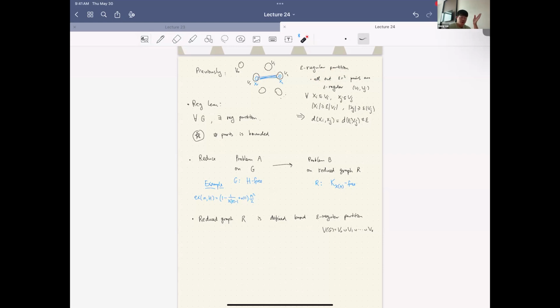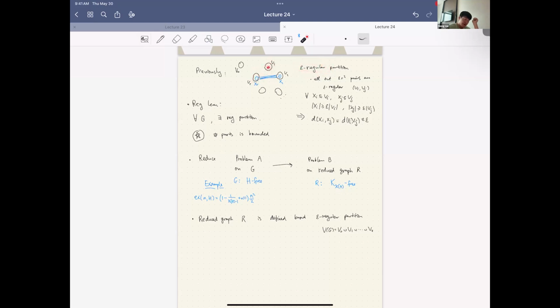So we also discard all those edges between sparse pairs. In other words, we're just going to utilize the pairs that are regular and dense. It has some density bounded from below by some constant that's larger than epsilon. Let's say 10 epsilon, that's usually enough.